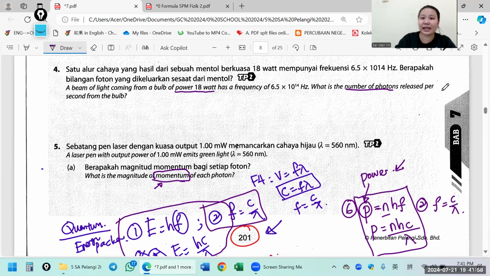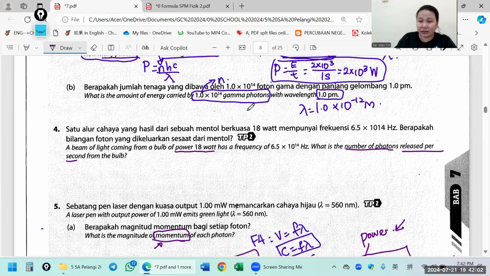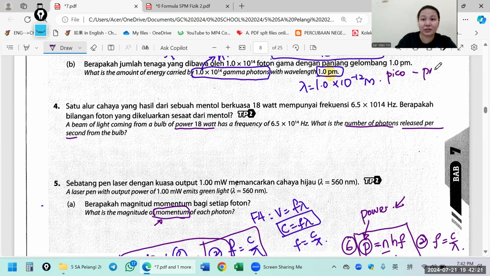But here there's a tricky part. The tricky part is the prefix. The prefix is p, p is pico. I told you how to find the prefix.